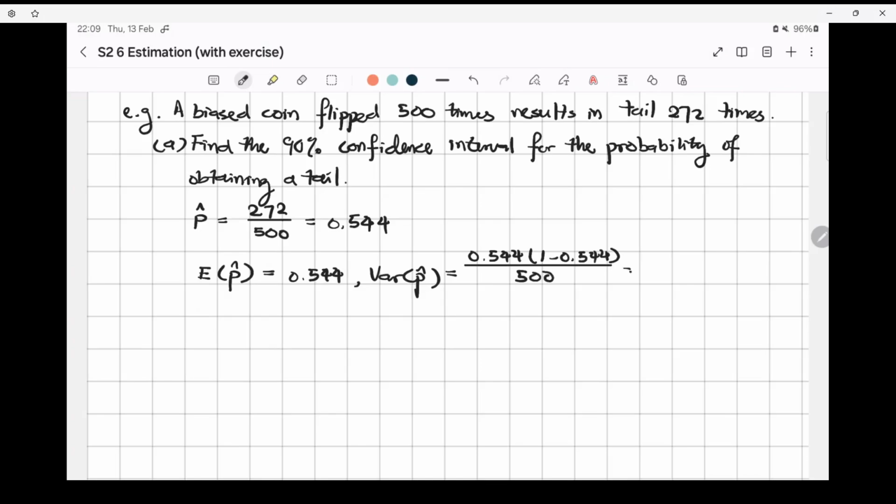So you calculate this, you get 0.000496. It's a very small number. So that is your first step, finding out the expected value and the variance.